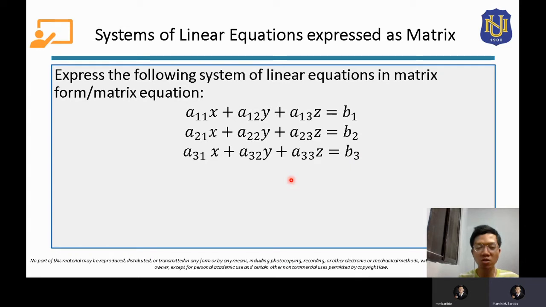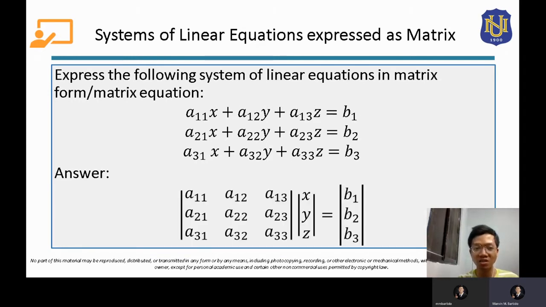From here, this system of linear equations, we can rewrite this as a matrix equation, or express this in matrix form. This will be the matrix form of this system of linear equations. These will be the coefficients. Since this is a 3 equation system, the coefficients will form a 3 by 3 matrix.